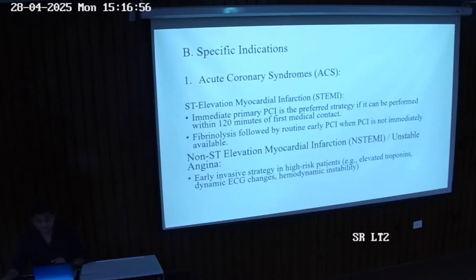PCI is preferred over CABG in a patient who comes within that time, in the case of acute myocardial infarction or STEMI. Fibrinolysis followed by routine early PCI: when PCI is not immediately feasible, then fibrinolytic therapy like streptokinase or urokinase is given, and once the patient is stabilized, we can plan for the PCI.